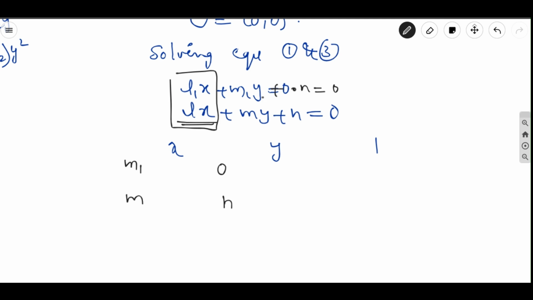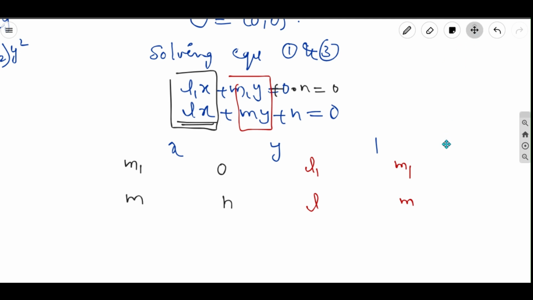Then for y, this is the second step: 0 and n are here, and L1, l. Next, take the n terms, the constant terms: L1, l are here, and M1, m.